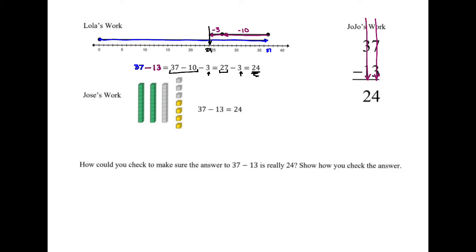So how could you check to make sure the answer to 37 minus 13 really is 24? Show how you check your answer. Okay, we've talked about how closely related add and subtract are in many different ways. But you check a subtract problem by adding, and you check an adding problem by subtracting. They are called inverse operations.